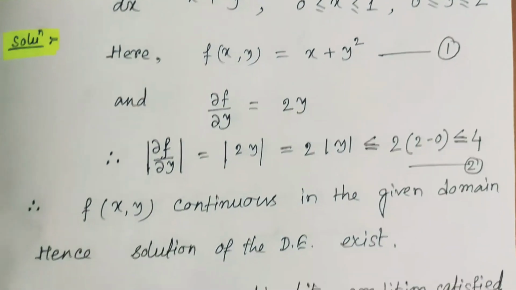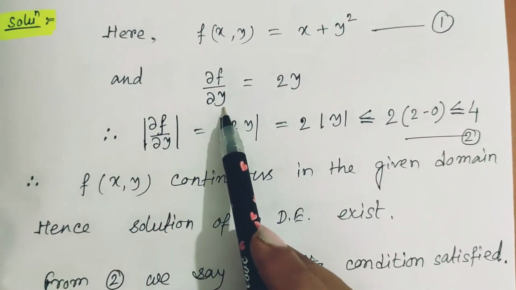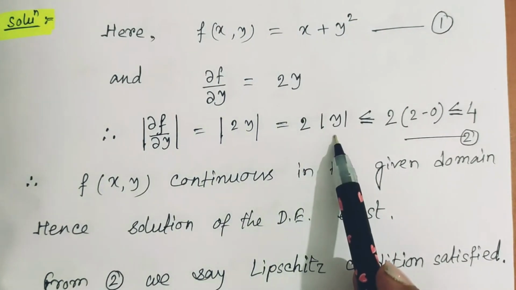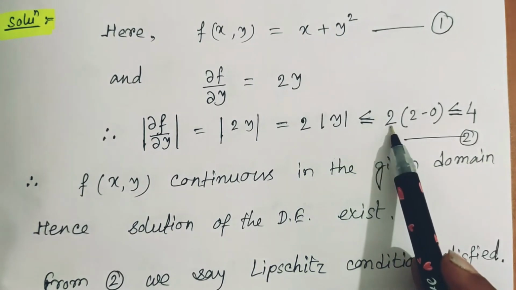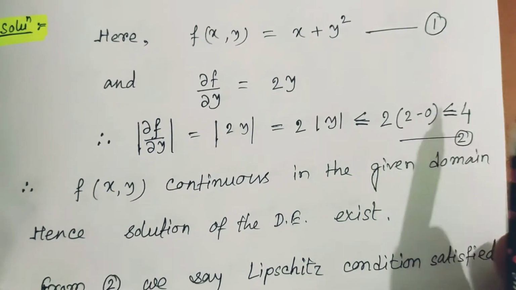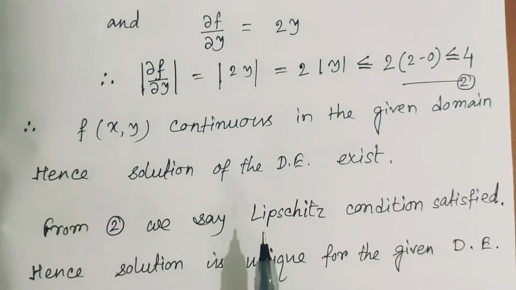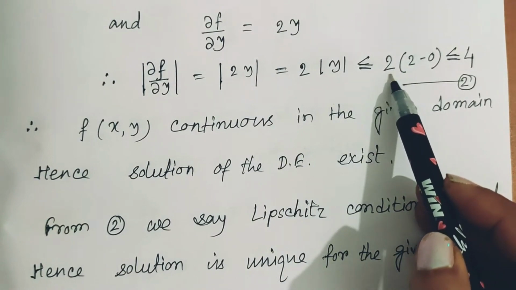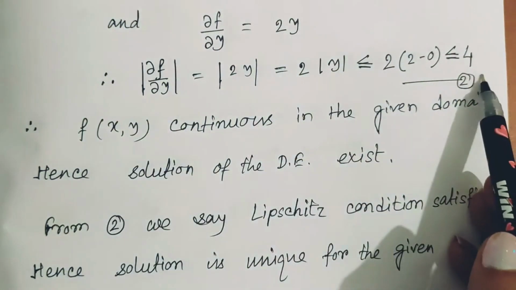If we take the mod value of the partial derivative, we get 2|y|, which is definitely less than or equal to 2 into (2 − 0), because the given condition is that y lies between 0 and 2. So y0 we can say is 0 and y1 is 2. If we substitute, we find 2 into (2 − 0), which is less than or equal to 4. So it is a bounded condition.